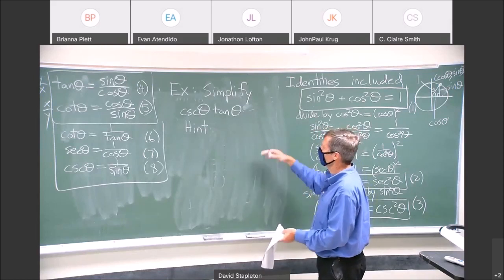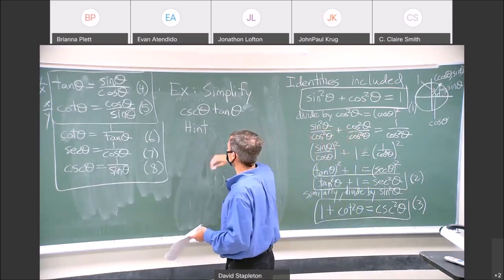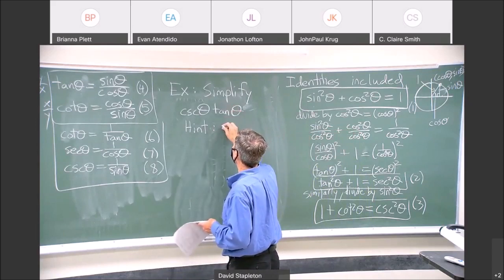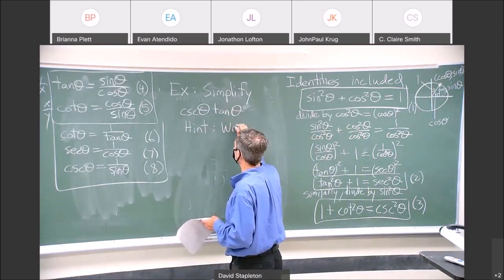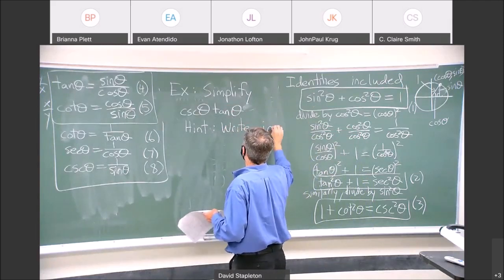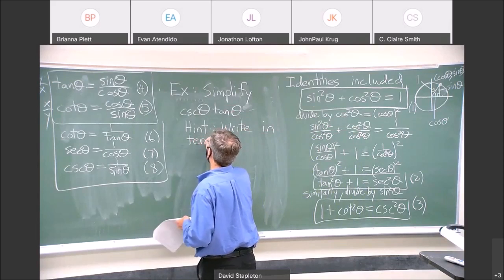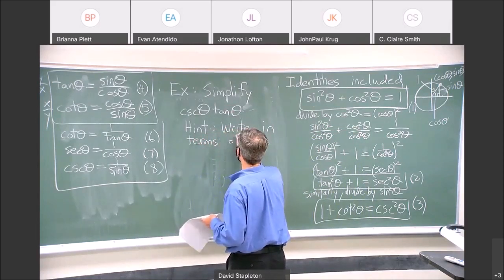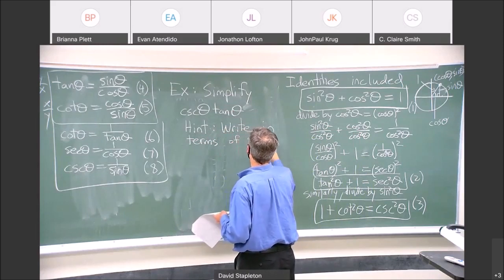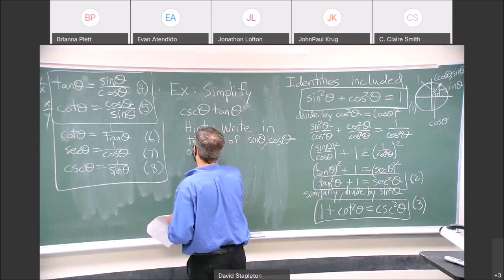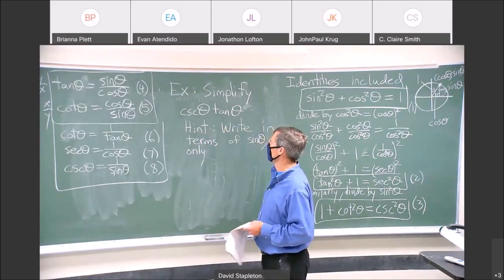You've got to know the ingredients of what to do, and similarly we organize them here. When you see a simplification, a big hint, if you don't see something obvious, is to write the expression in terms of sine and cosine only. You can always do that because of these identities. That's why we wrote them all out.